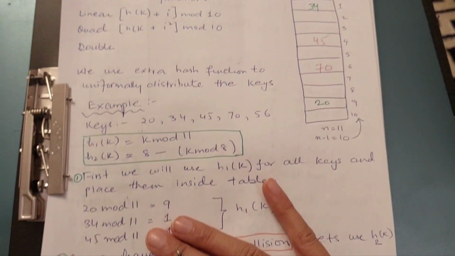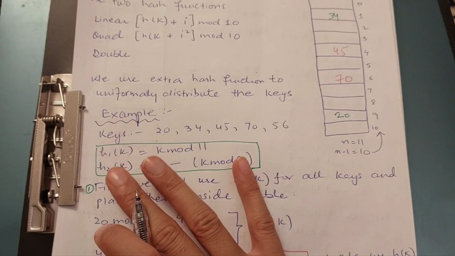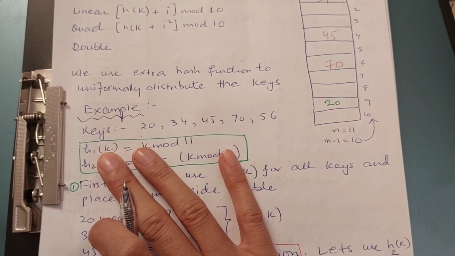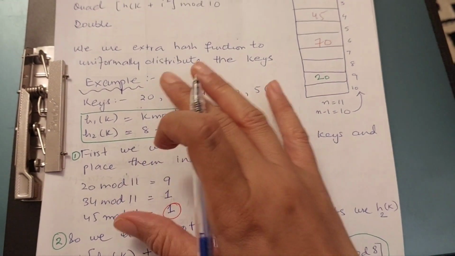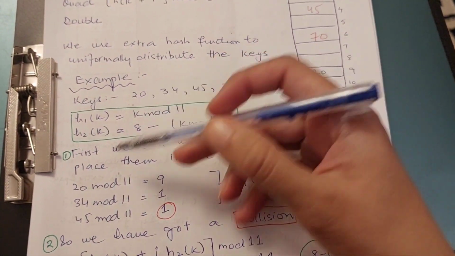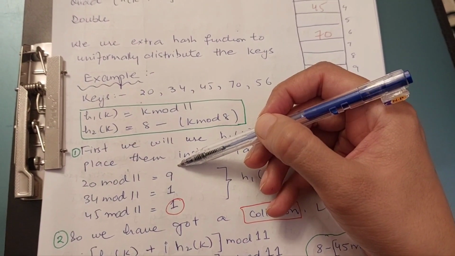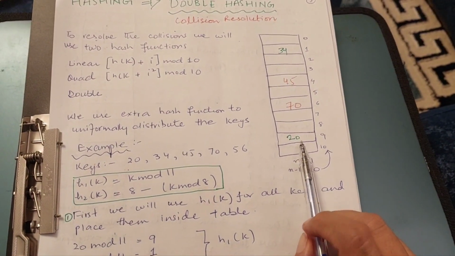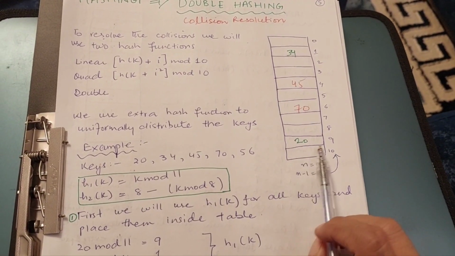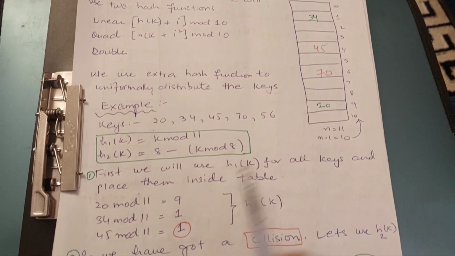First of all, we are going to use the first hash function, which is h1 of k, and we are going to find the modulus of these keys. So for 20 mod 11, we get 9. It means that we are going to store this number 20 on location 9. You can see that I have written this number here on this data location.